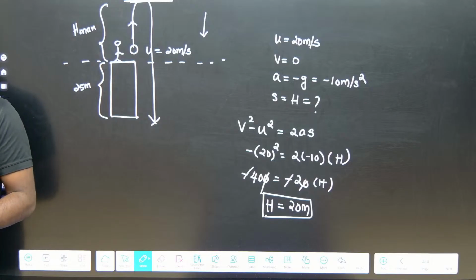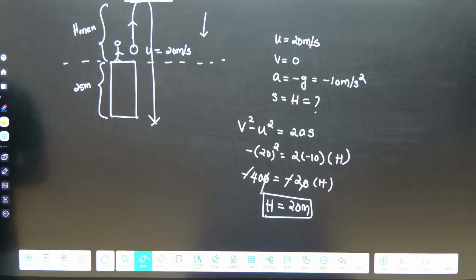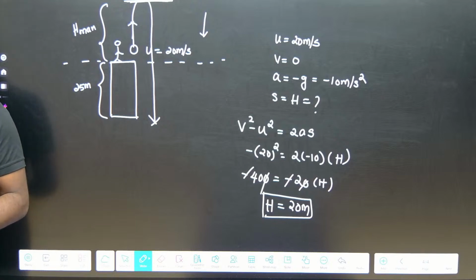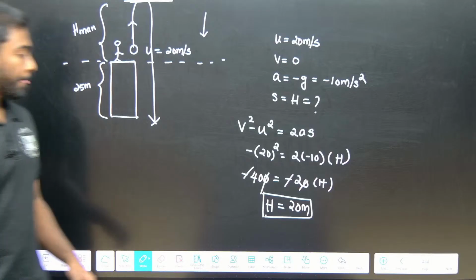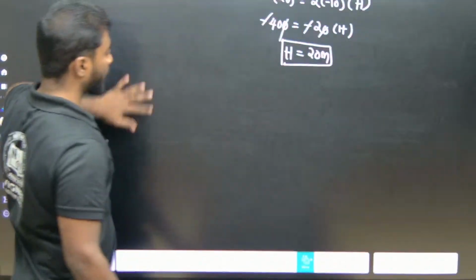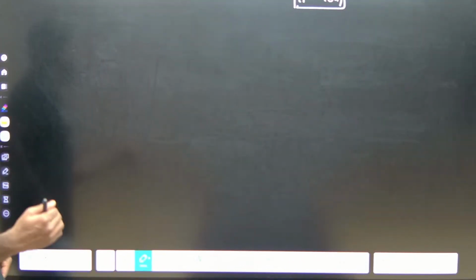Done. So can we see the next part? I need to find the time now. The next part is how much time it takes before hitting the ground.